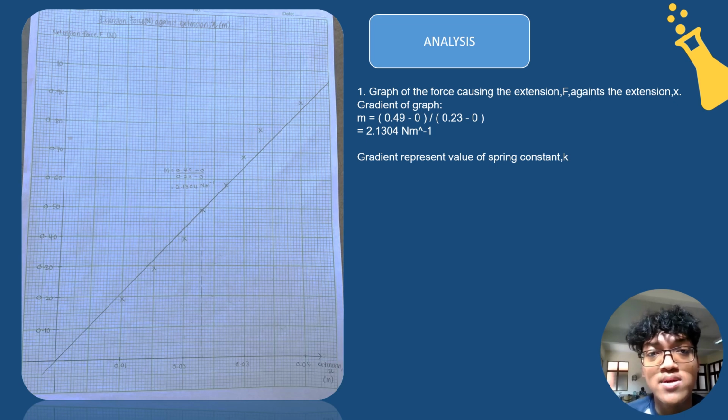This slide shows the analysis for this experiment. Question 1.